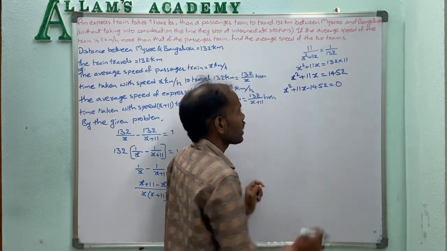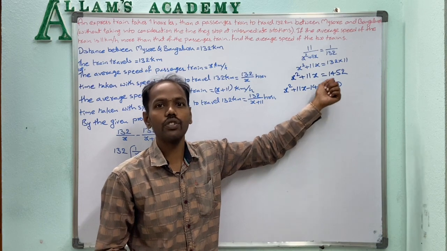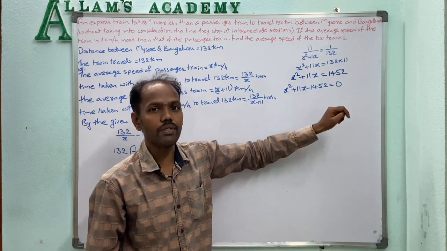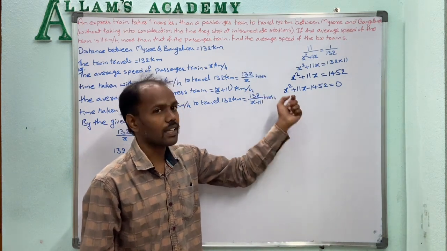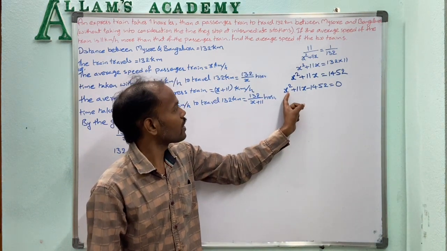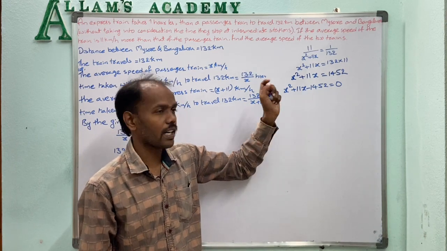Now the quadratic equation x square plus 11x minus 1452 equals 0 we want to solve. For solving, I am taking the factorization method. The x square coefficient is 1 and the constant term is minus 1452.